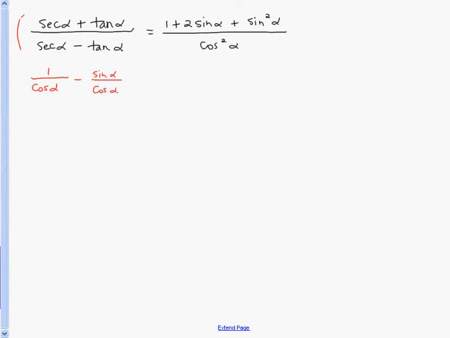The first one was by reciprocal. The second one was by quotient. Over 1 over cosine of theta, I'm sorry, that should be a plus on top, forgive me, plus sine of theta over cosine of theta. So again, that top plus should remain a plus, and that bottom minus should remain a minus. I hope that did not confuse you guys too much.